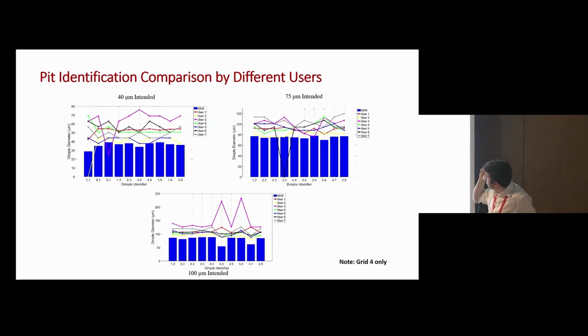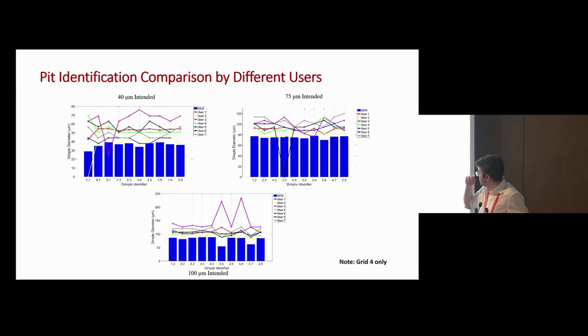From these graphs, you can see that different people using different methods of analyzing the CT data are coming back with, in some cases, vastly different results on how big each individual pore is. These numbers here are my identifiers for which pore is which.